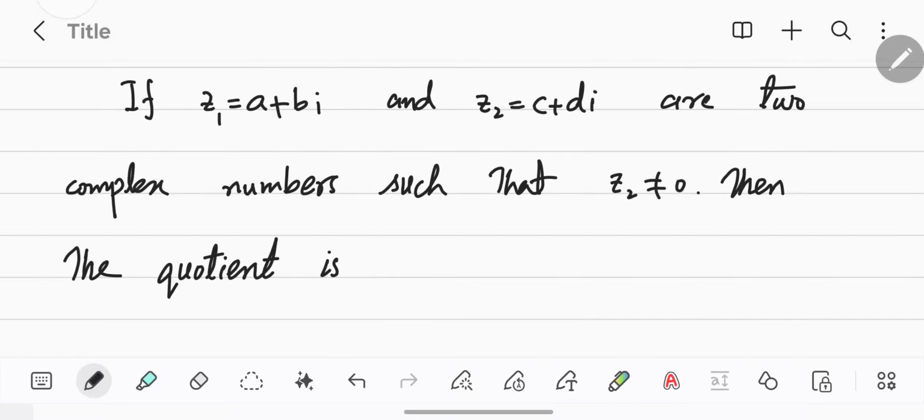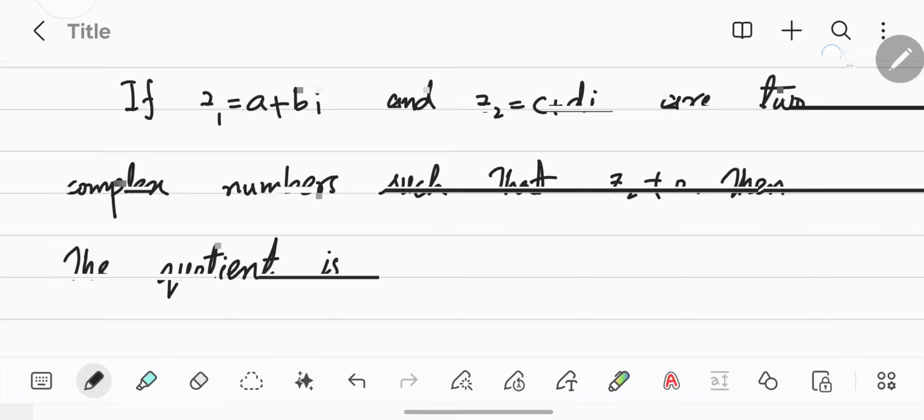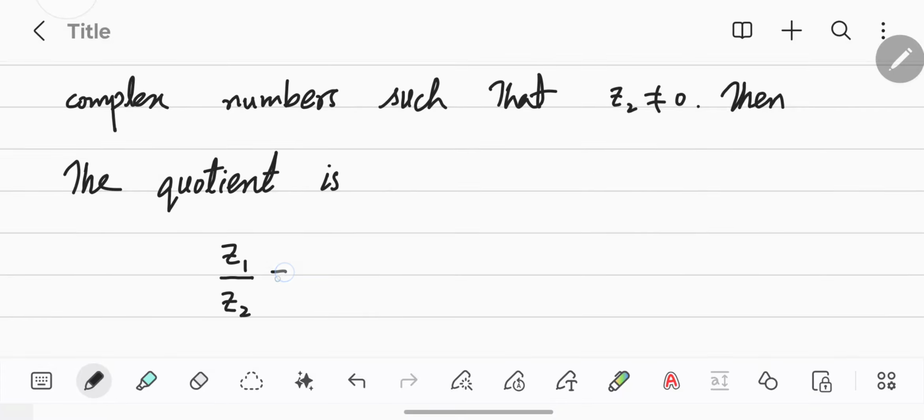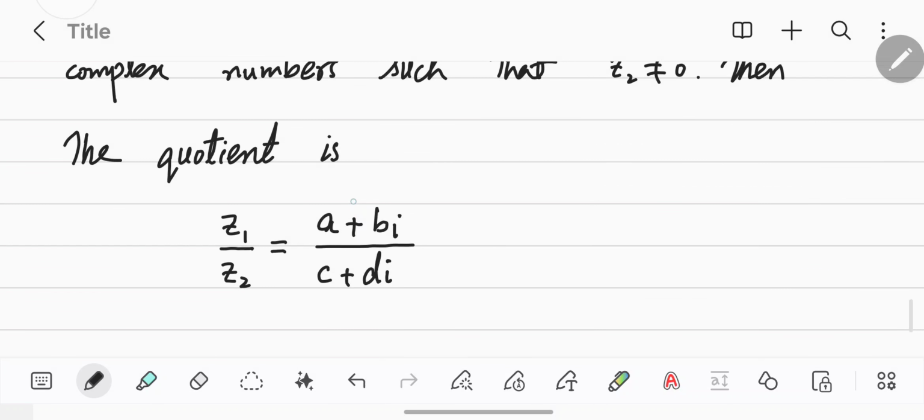Then the quotient is defined as z1 by z2, where z1 is a plus b iota and z2 is c plus d iota. This is the quotient.